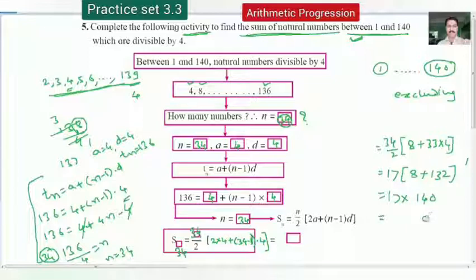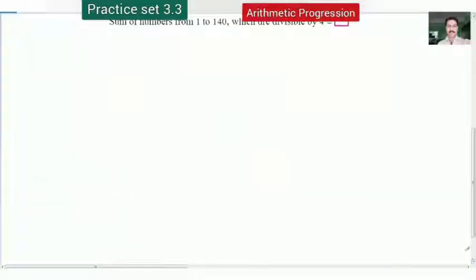Okay, now write this 0 as it is. 17 4s are 68, 68 plus 6 is 74... like this we get 2380. That is nothing but S34, which is 2380. Like this we can get the answer here.